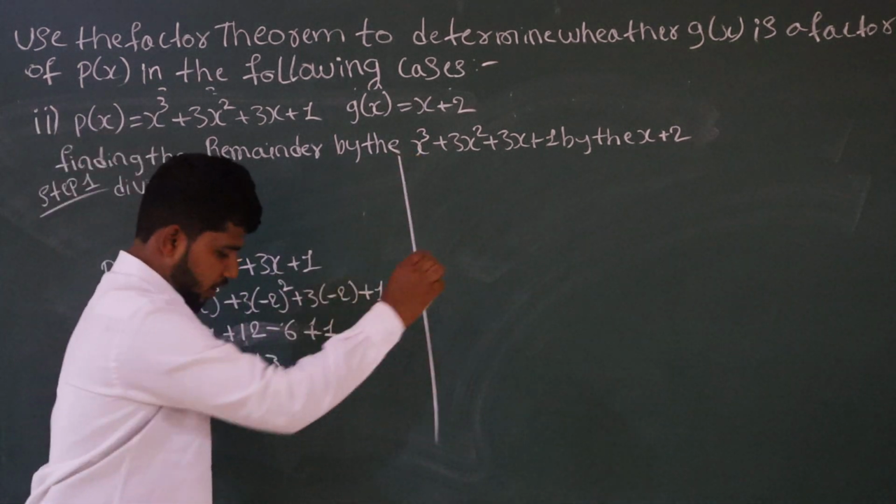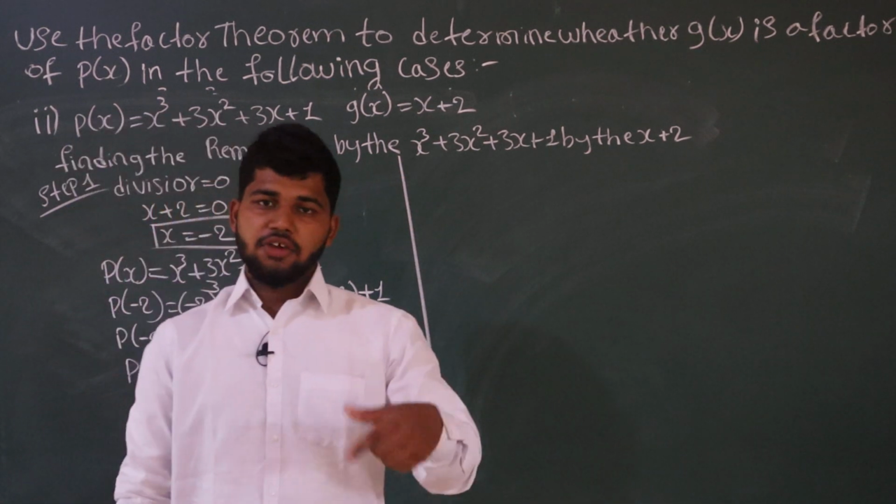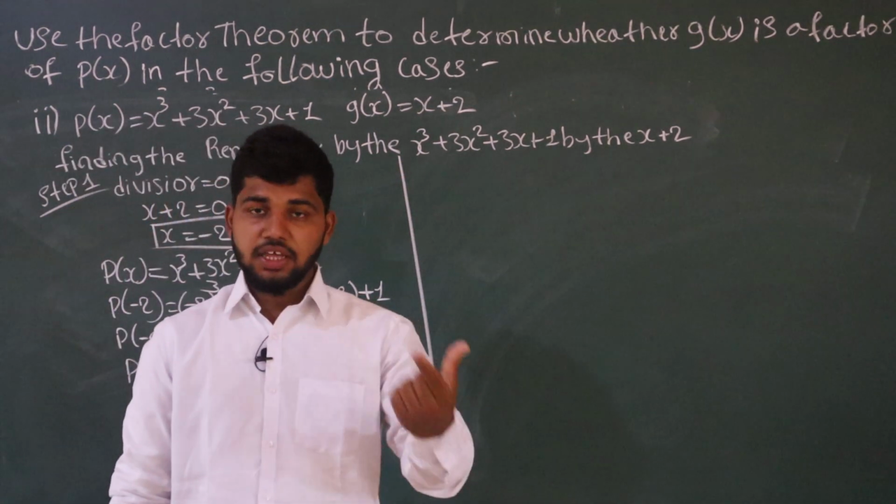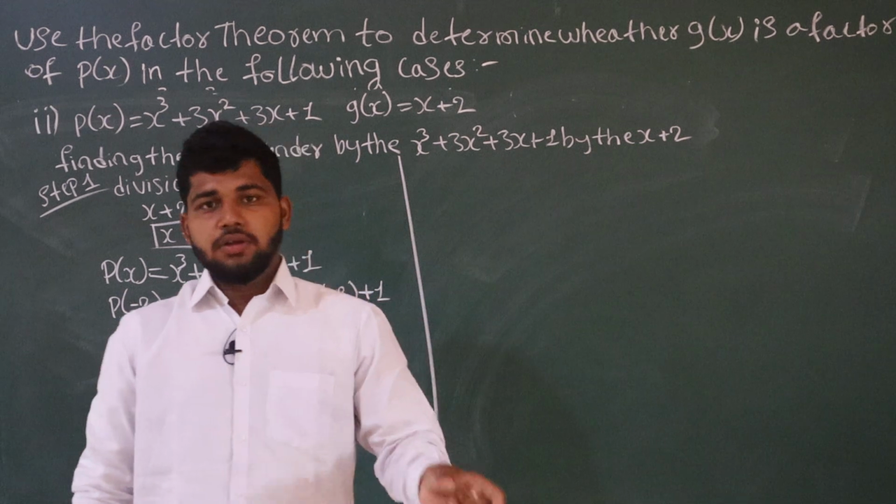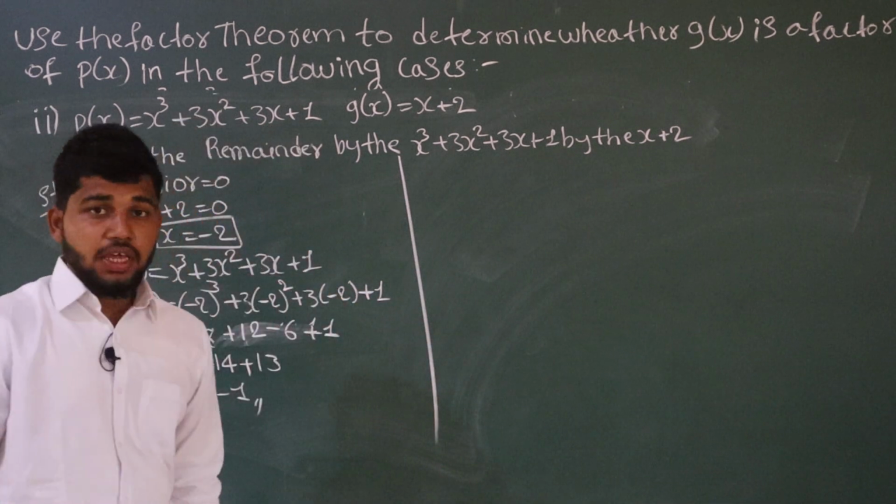Already we know that if we get the remainder equal to 0, then we can say that g of x is a factor of p of x.